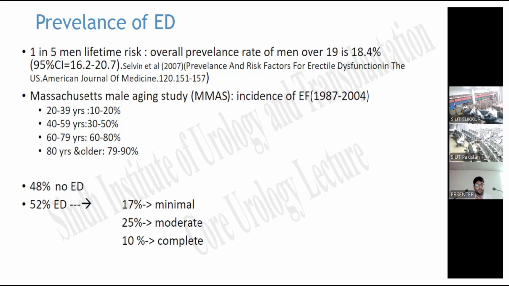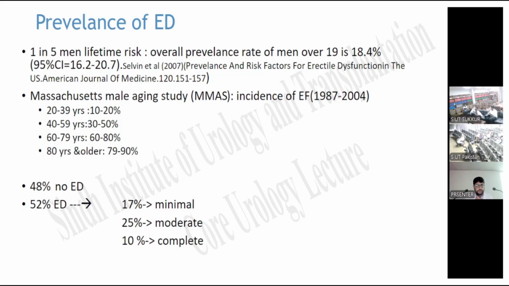And overall, if ED occurs, then what is its degree? Like 17% is minimal, out of 50 to 70% patient prevalence is minimal erectile dysfunction. 25% was moderate and 10% having a severe or complete erectile dysfunction.